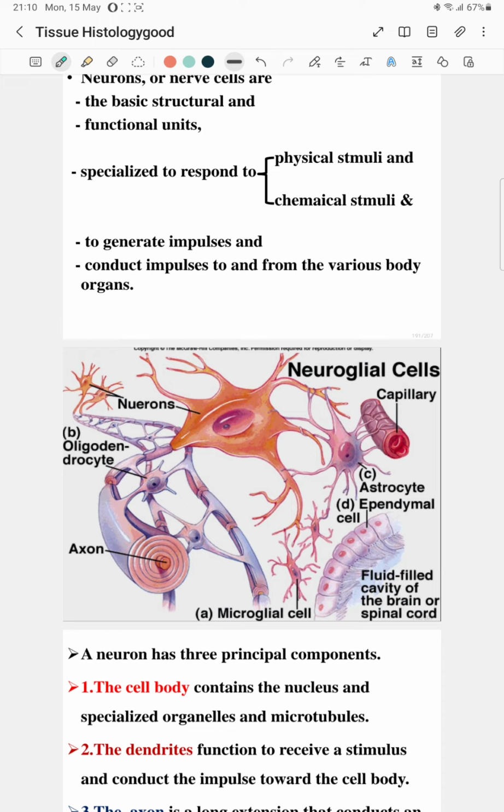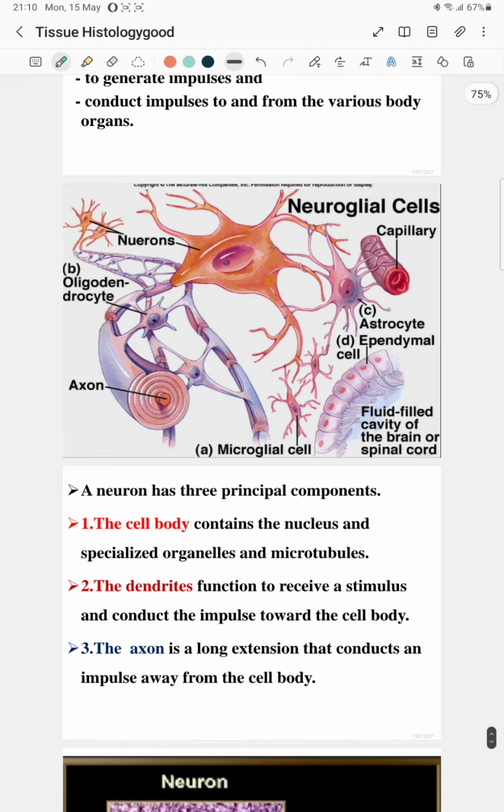So whatever you heard through your ear is the stimulus, and what you are giving, raising your hand, or moving or hiding, that is your response. That's very simple. Neurons are the structural and functional unit of our nervous system.